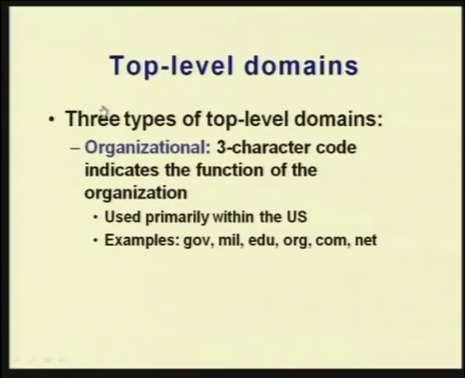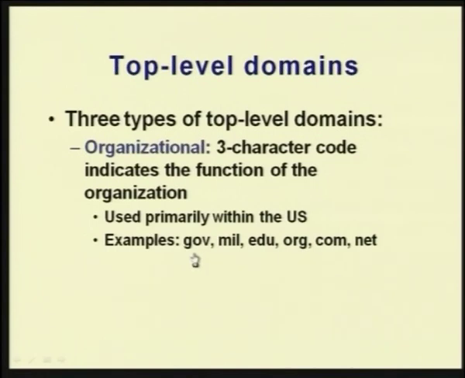There are actually 3 types of top level domains. You would have seen these 3 different types in the discussion that we had just now, but just to look at that explicitly. The first type of top level domain is an organizational domain, a 3 character code that indicates the function of the organization. This is used primarily within the US.